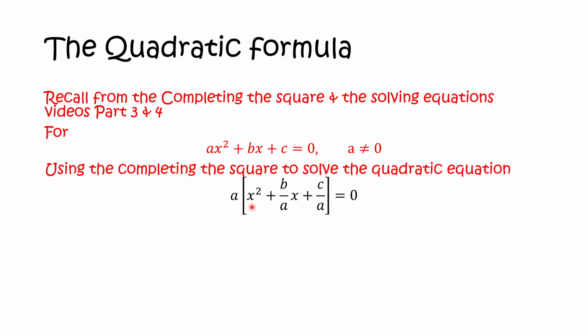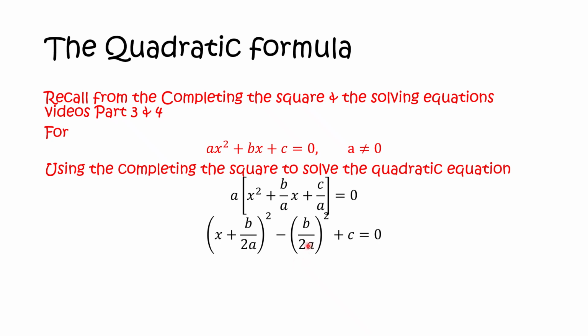From there, we now apply the completing the square approach so that we have it expressed in this way, where the b over 2a is half of the coefficient of x in the square parenthesis. We subtract the square of that half so that we have that.